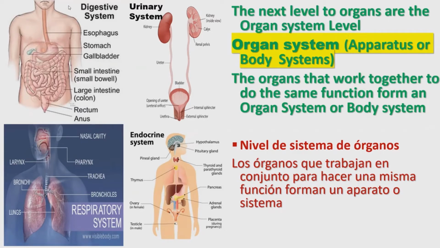In the digestive system, there are several organs performing the same function. Which function? Digestion. For example, esophagus, stomach, gallbladder, small intestine, large intestine, rectum, and anus. All of them constitute the digestive system.